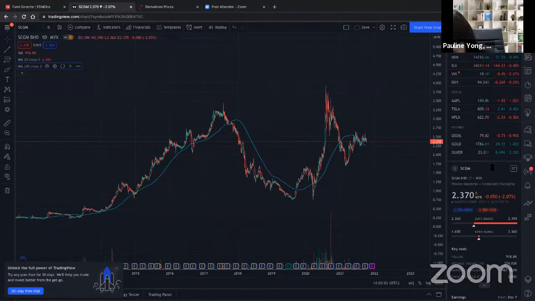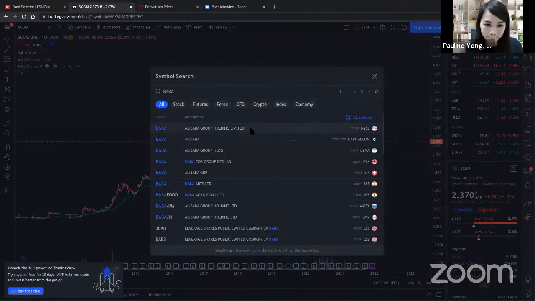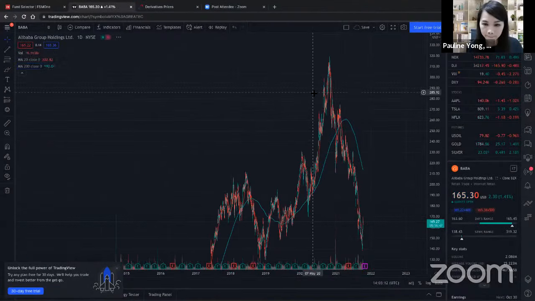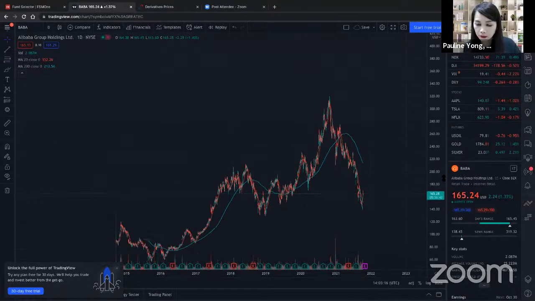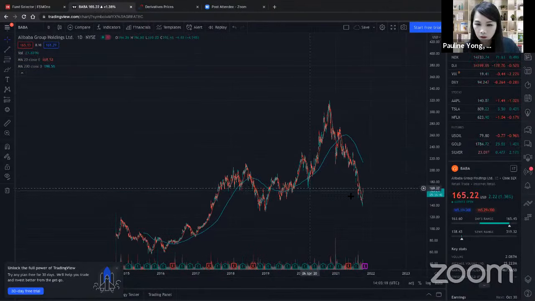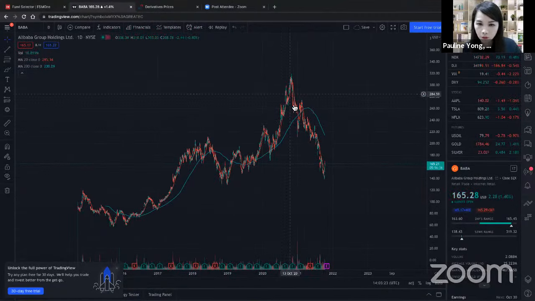Oh, Alibaba and Tencent. Okay, let's see. Baba. So here I am looking at this one down. It's a downtrend. So let's see here. 1, 2, 3. So this is wave number 3. You see, you are looking at this 5 wave and then ABC, and then your C is below this wave number 4.